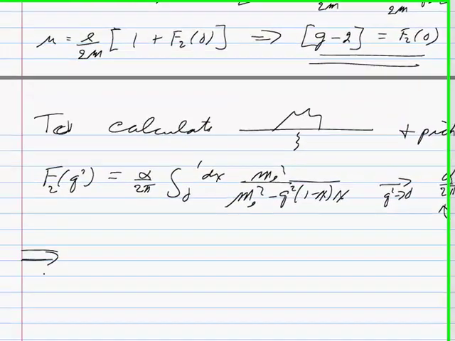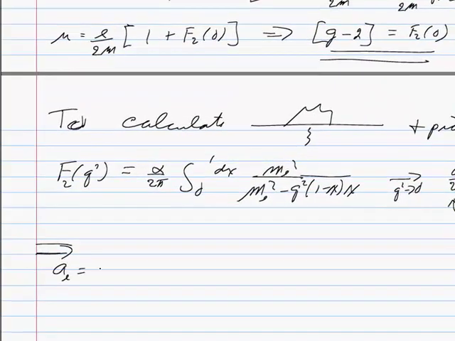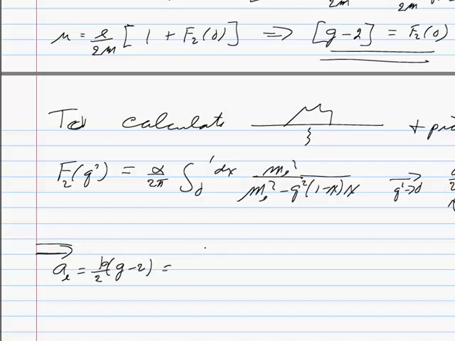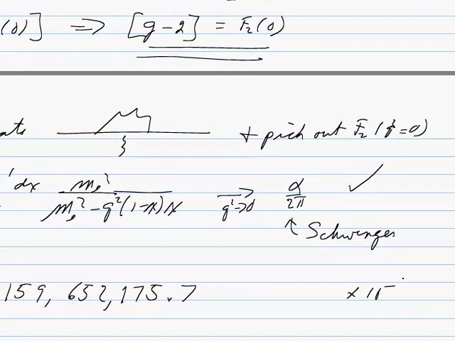But now the g minus 2 factor, so it's actually 1/2 (g minus 2), is 1,159,652,175.7 times 10 to the minus 12.